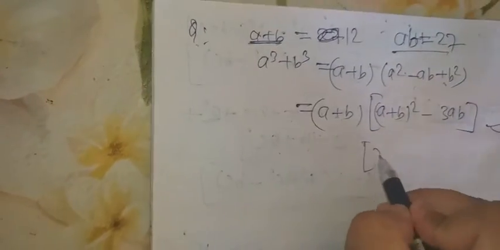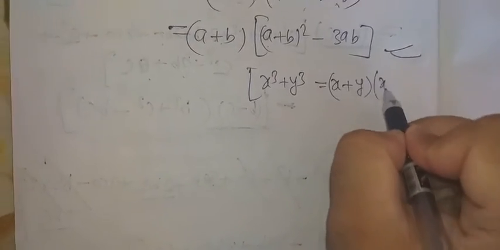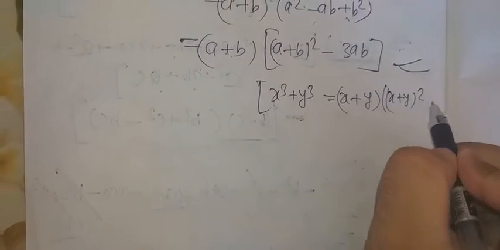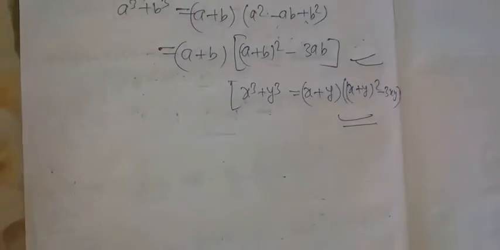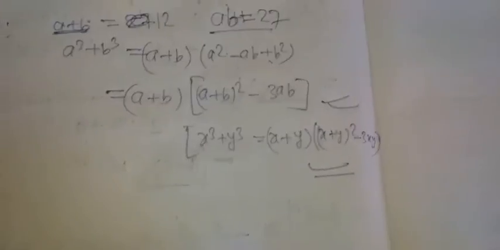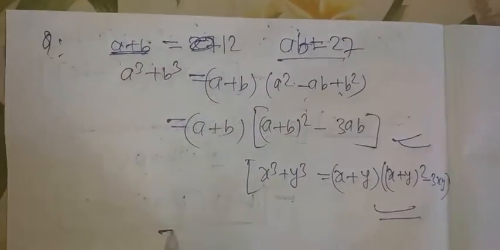We have learned that x cube plus y cube is equal to (x plus y) into ((x plus y) whole square minus 3xy). We learned this in the identities, and I have told you that you have to learn all those identities, because without them you can't solve any question. So now just put the values.